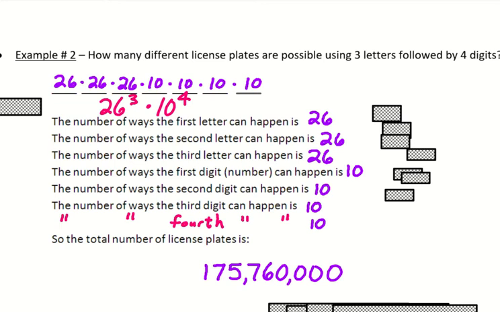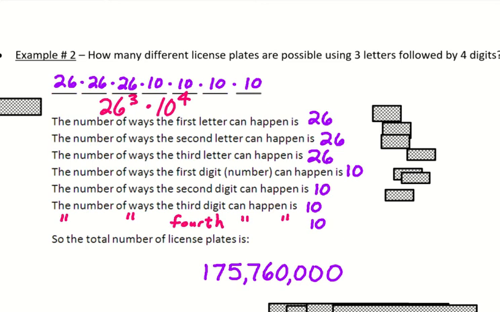Anyway, not surprisingly, when you start to do all kinds of multiplying with this counting principle, you can get some pretty large numbers, like 175 plus million. Well over 175.5 million license plates, just in Pennsylvania alone, and only of this type, 3 letters followed by 4 digits.